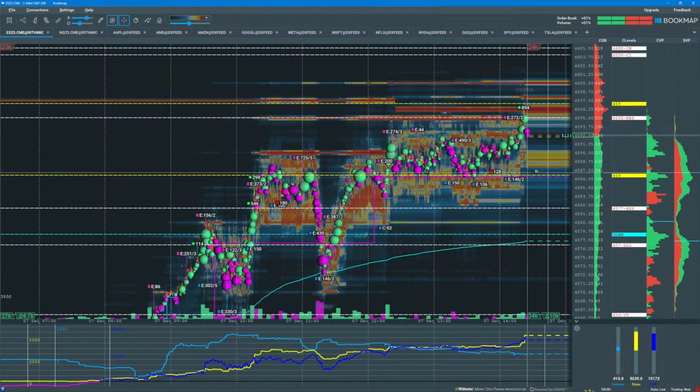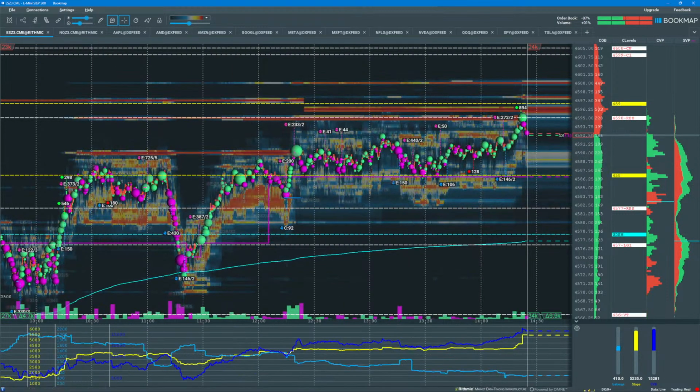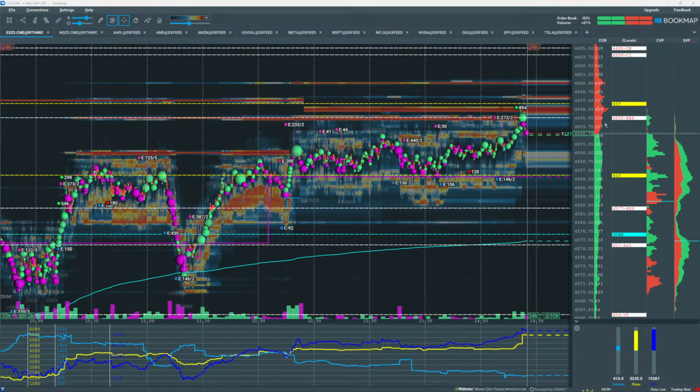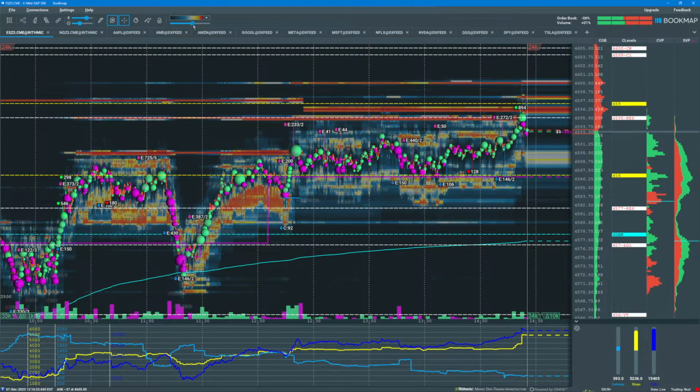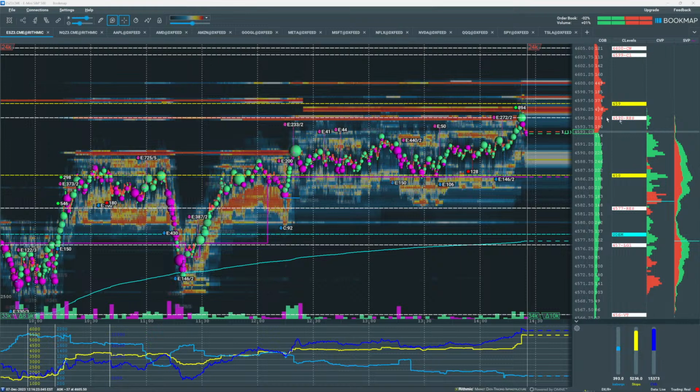Okay, there it goes. So it looks like the 45.90 level, that's SPX 45.90, may be acting as resistance, and the heat map showing some limit sell orders just above between 45.90 and 459.